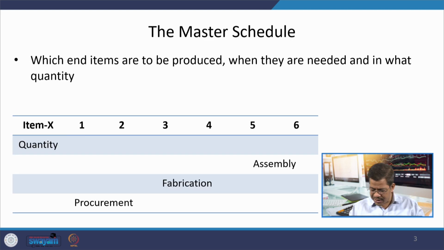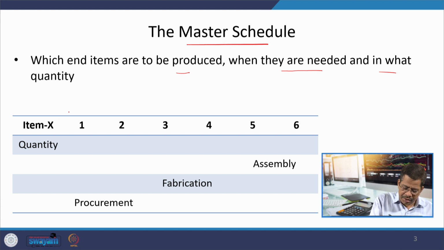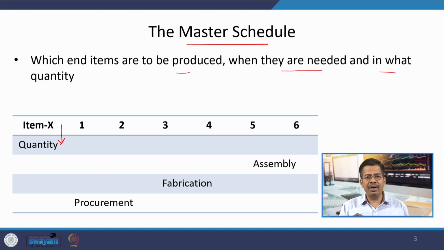Now, on your screen is a simple table which gives you your master schedule. Here you see for any end item, when it is to be produced, when it is needed and in what quantity. So, we are talking about three very important things, like item X, when it is going to be started.